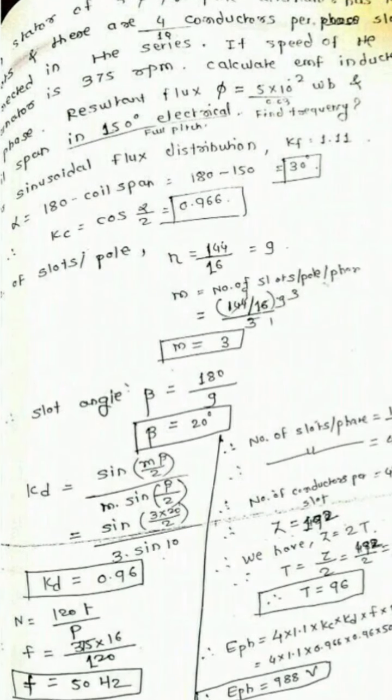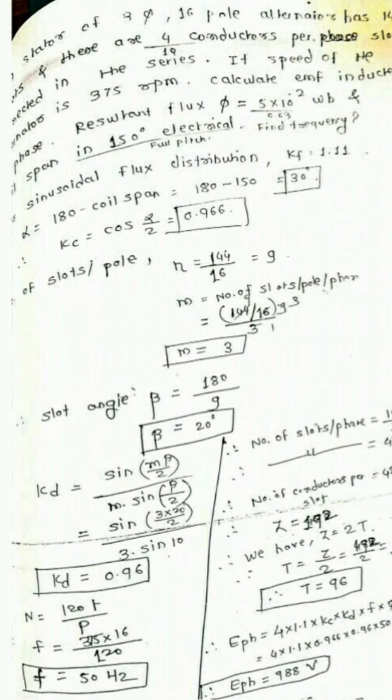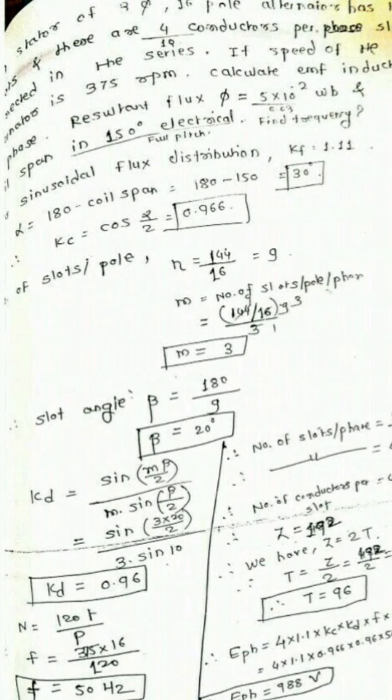In this problem the number of slots is given, 144 slots, and we know the number of poles, so the value of n is 9. For finding the value of m, we want to know the value of n, that is slots per pole.